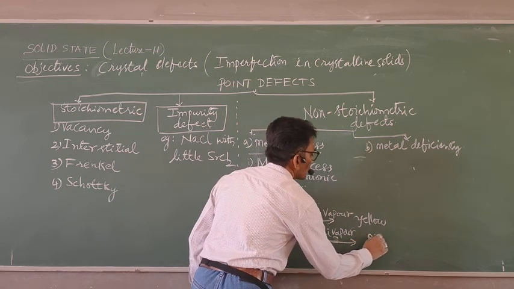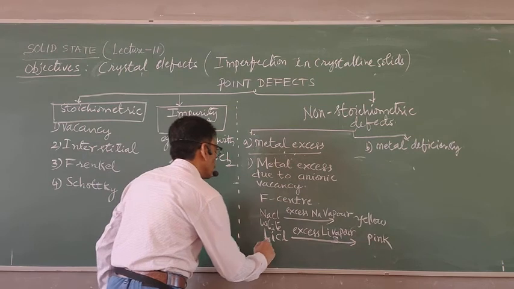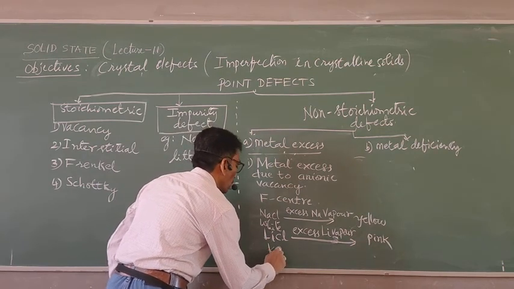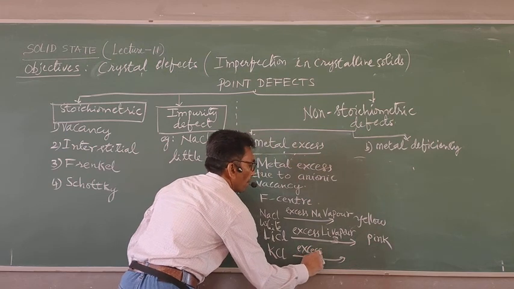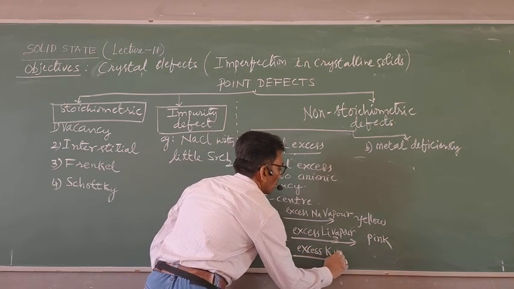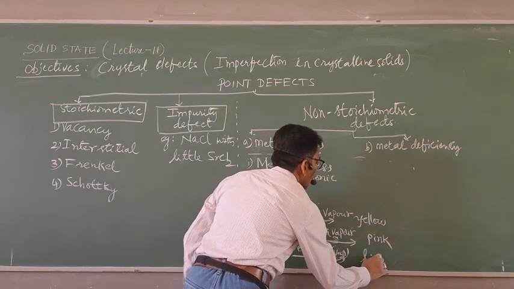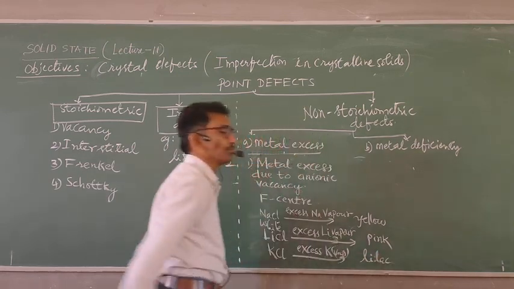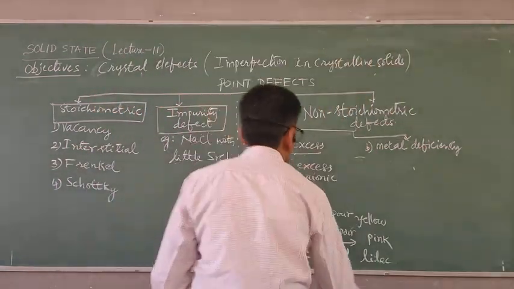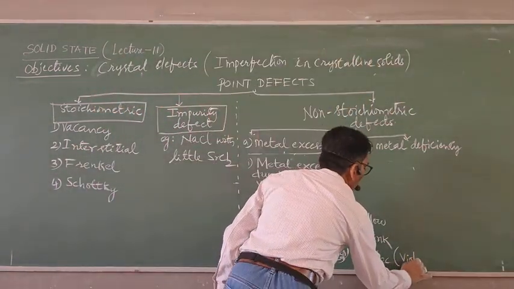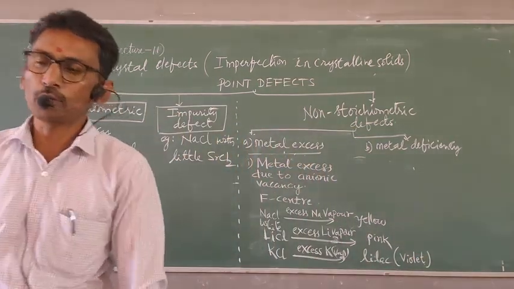This is for matching purposes, useful from a competitive point of view. Next, potassium chloride with excess potassium vapor becomes lilac color, that is violet. I hope you followed this, useful from a competitive point of view.